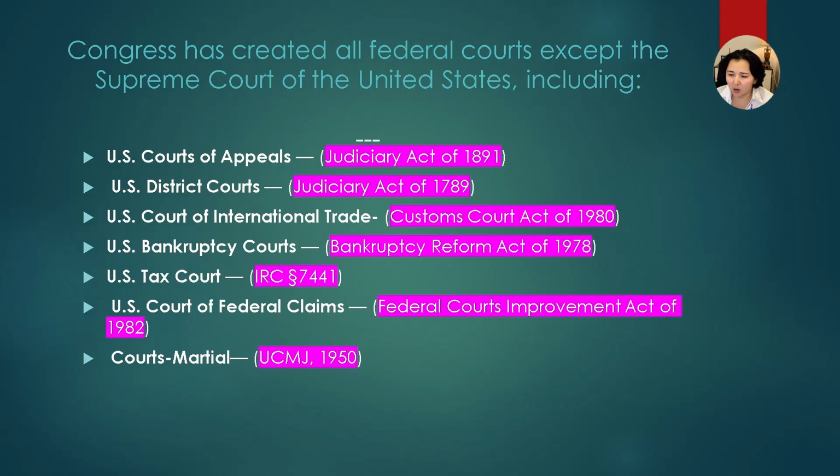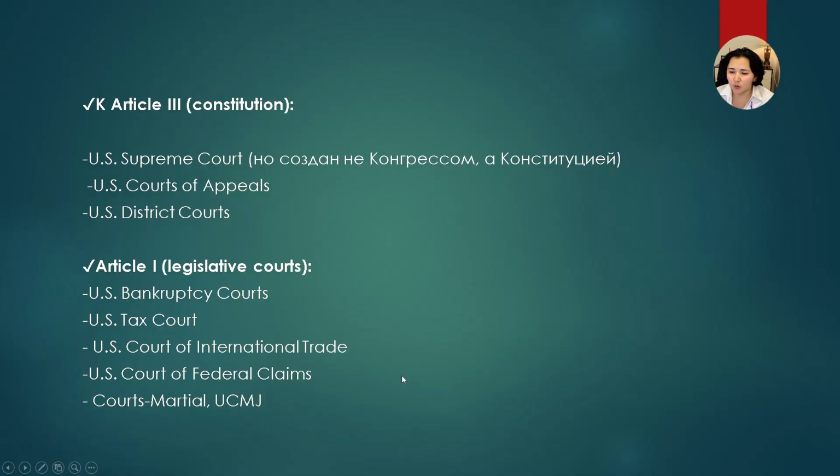For analytical purposes, the courts may be broadly divided into two categories: courts created under Article 3 of the U.S. Constitution, and legislative courts created under Article 1. What is the difference between them? Courts created under Article 3 enjoy strong constitutional guarantees. Judges of these courts are appointed for life during good behavior, which ensures their judicial independence, and their salaries may not be diminished while they hold office.